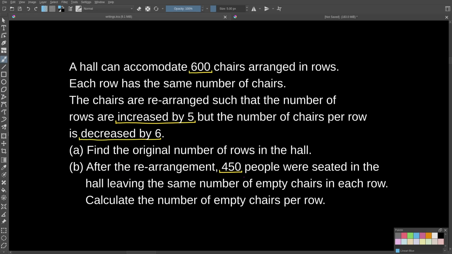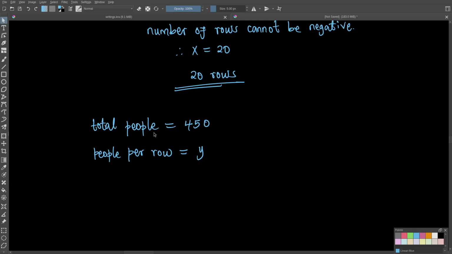After the rearrangement, 450 people were seated in the hall, leaving the same number of empty chairs in each row. Calculate the number of empty chairs per row. Okay, so we have the total number of people, and then we have the people per row.